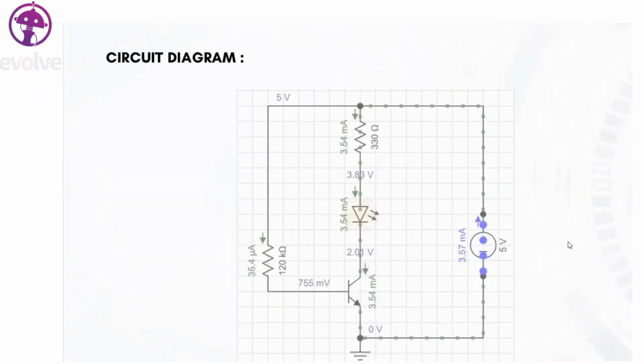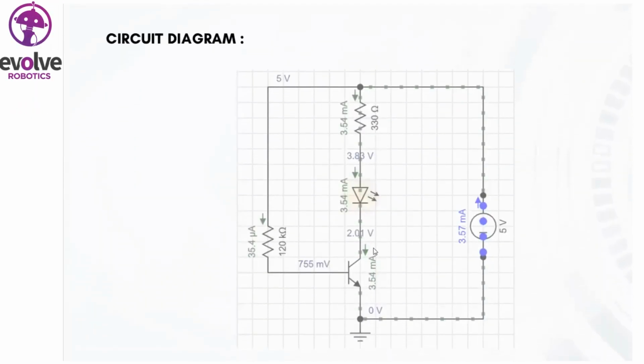Here this represents the symbol of the transistor, and this is the resistor. Both these are resistors, and this symbolizes the LED. And here I connected a battery of 5 volt. The transistor has basically three terminals: emitter, base, and collector.